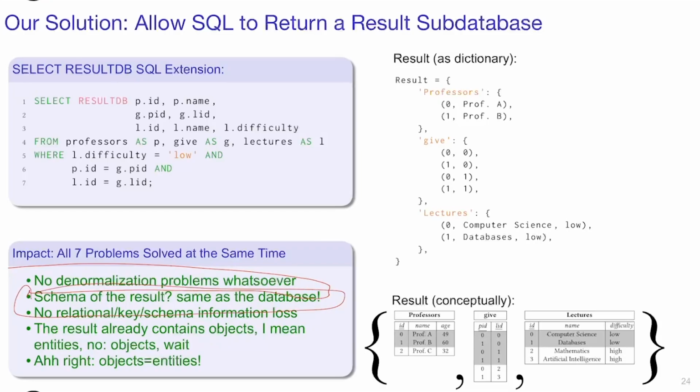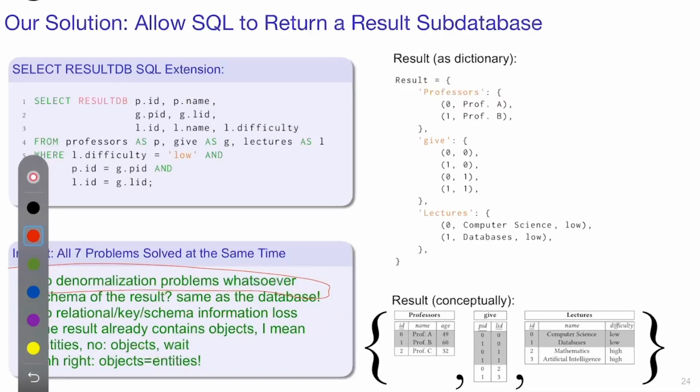The schema is exactly the same as the relation of the underlying database. If I want information about the schema professors, look at the database. That gives you exactly the information. What are the keys? All the keys are preserved. All the unique constraints are preserved, of course. So there's no relational or key information loss whatsoever.